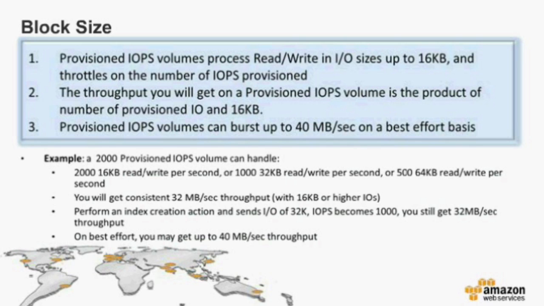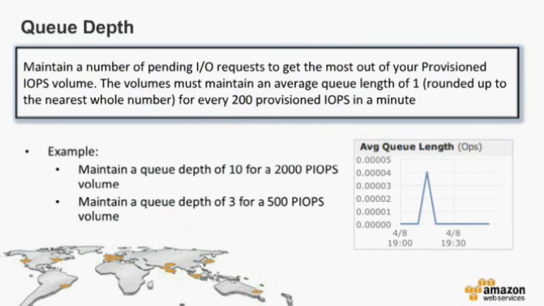To provide detail on that queue depth, which is a metric that you can see from our consoles in CloudWatch, you do have to maintain an average queue length of 1, rounded up to the nearest whole number, for every 200 provisioned IOPS inside of a given minute. Another requirement of the consistent delivery for provisioned IOPS volumes is the use of the EBS optimized flag.